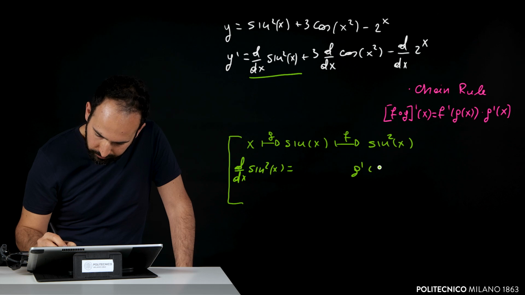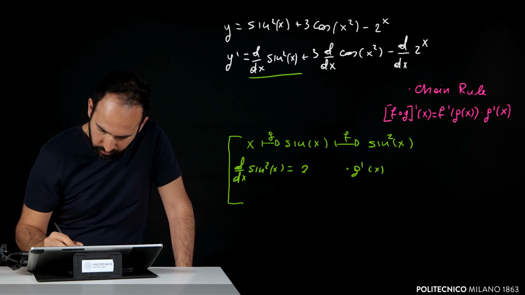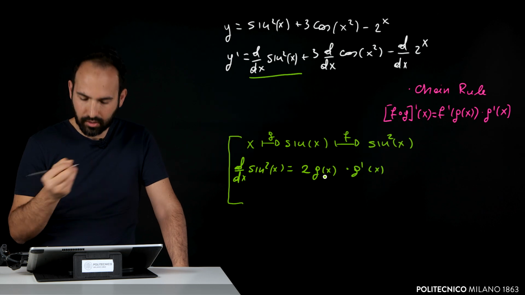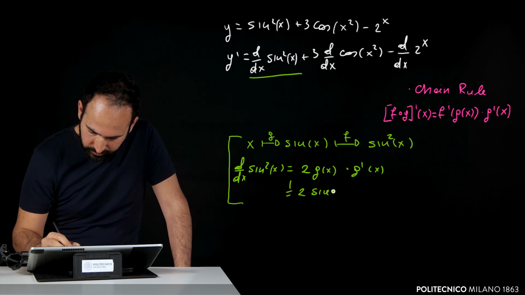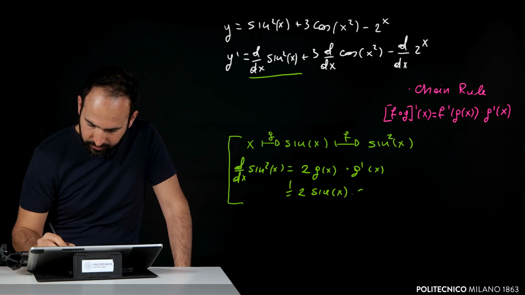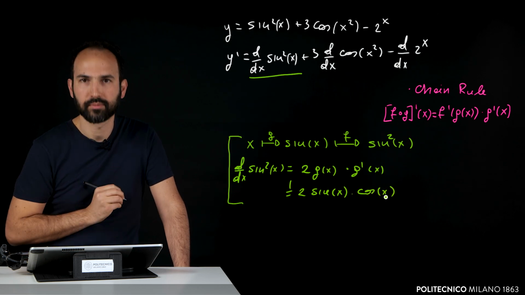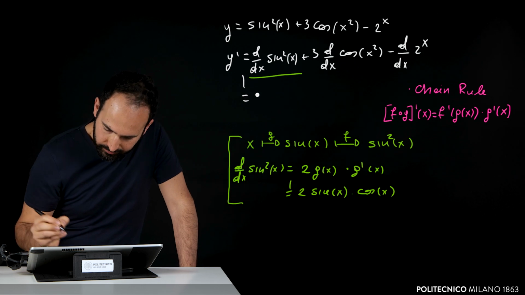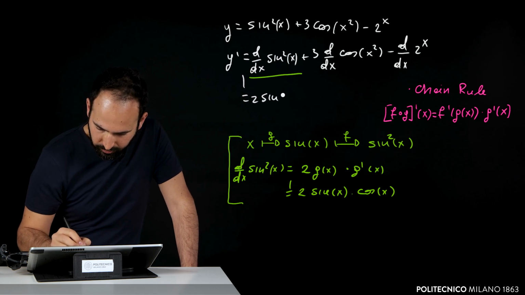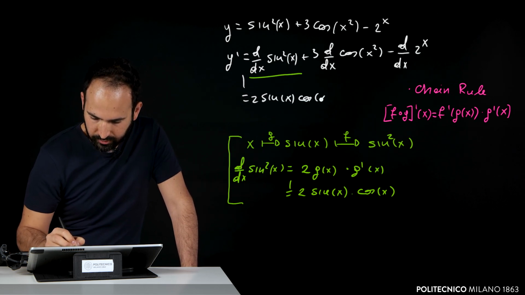So g prime times 2 times g. That is 2 sine of x times cosine of x. Now, let's report the result: 2 sine of x cosine of x.